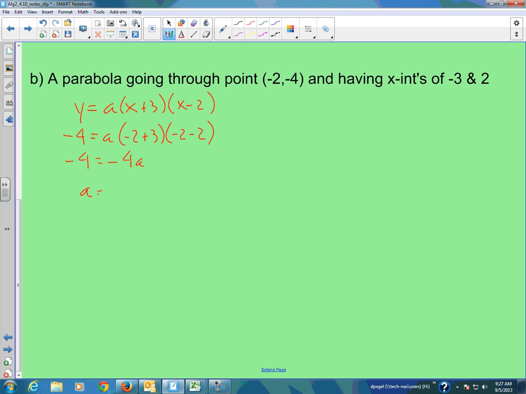And then a would equal 1 on this one. Therefore, y would equal, now my coefficient is a 1, I'm just going to leave it. I don't have to write 1. And I'm just going to go ahead and write my intercepts in here. And there you are with the intercept form.